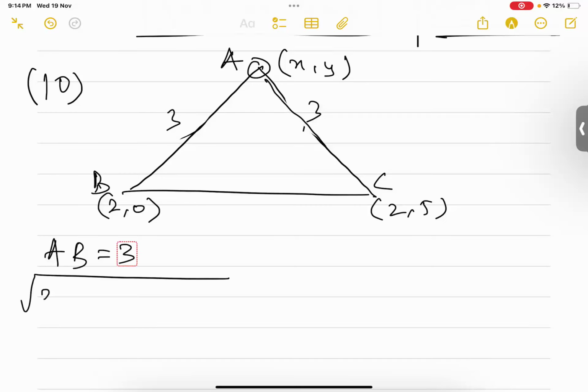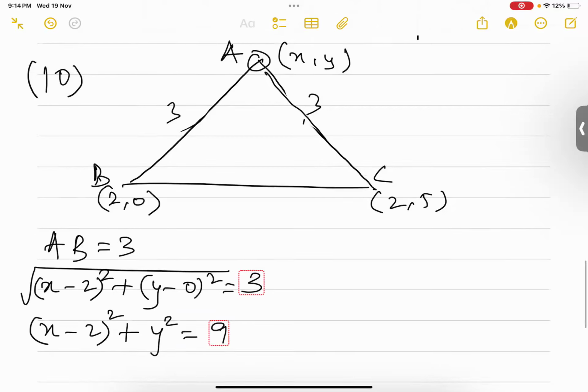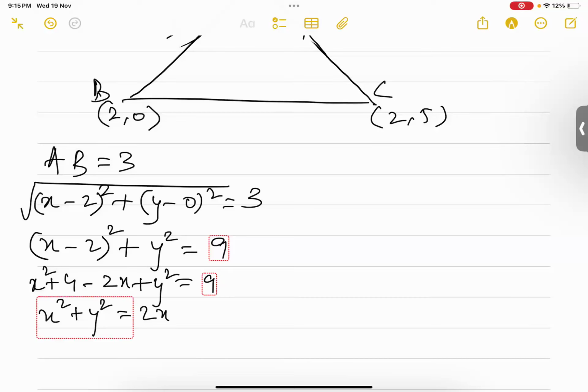So root of (x minus 2) the whole square plus (y minus 0) the whole square is equal to 3. Distance formula for AB. Squaring both the sides, (x minus 2) the whole square plus y square is equal to 9. Expand this: x square plus 4 minus 2x plus y square is equal to 9. So x square plus y square is equal to 2x plus 5, since 9 minus 4 is 5.